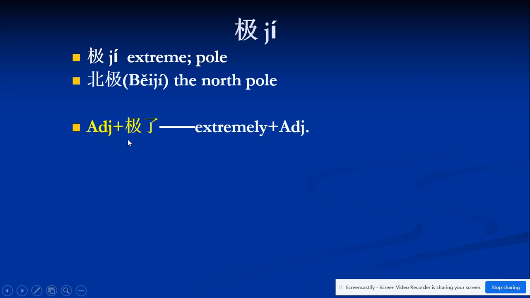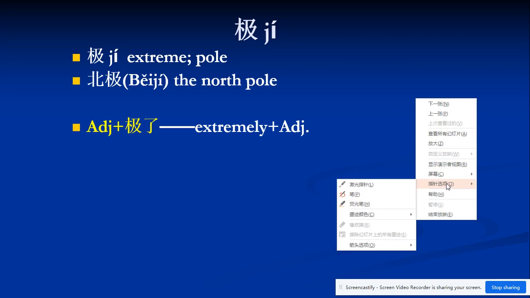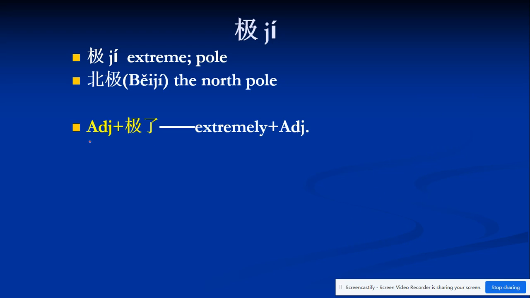极了. I want you to pay attention to the position of it. It's after the adjective, not before the adjective. Before, when we learned adverbs to describe the levels of an adjective, they were usually placed before the adjective.